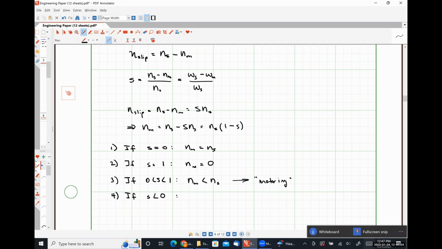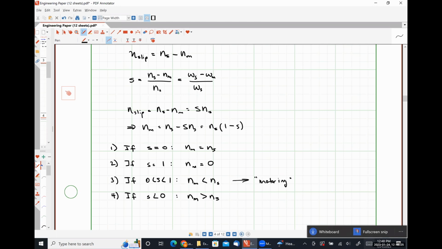So that means that Nm, our rotor speed, will be greater than our stator field speed or our synchronous speed, right? So Nm will be greater than Ns. This is only possible if we add mechanical energy into our rotor. So effectively, we are putting mechanical energy into spinning our shaft.